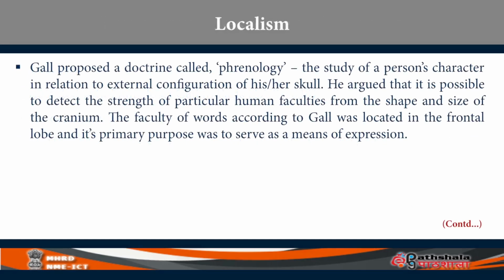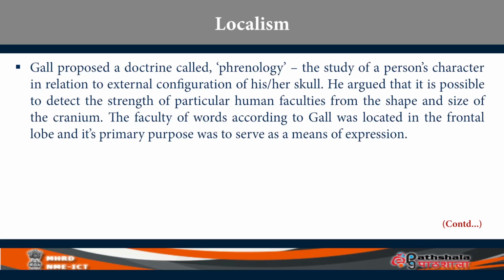Localism, and I said Gall is associated with it, the French neurophysician. Gall proposed a doctrine called phrenology, which is a study of a person's character in relation to the external configuration of his or her skull. He argued that it is possible to detect the strength of particular human faculties from the shape and size of the cranium, the skull.